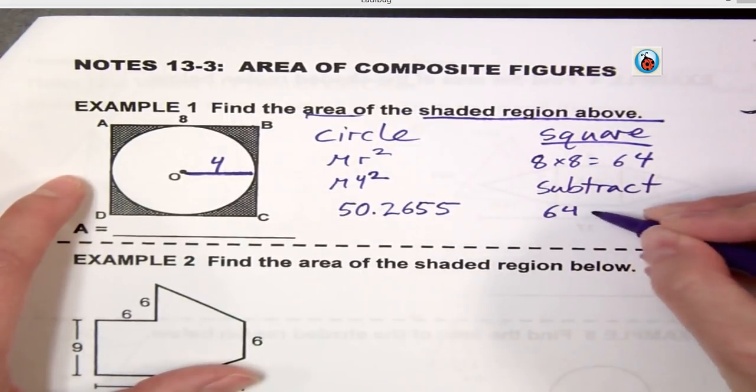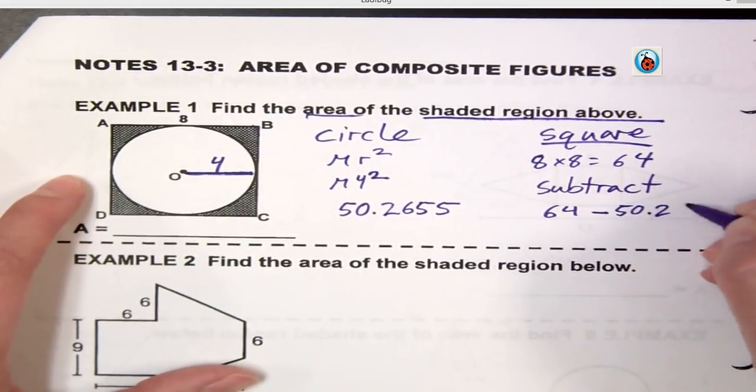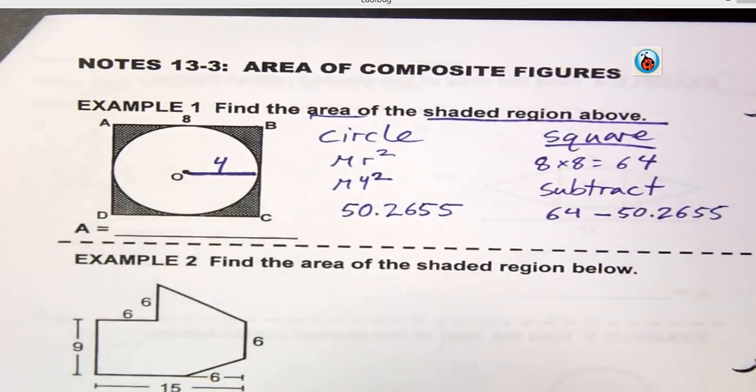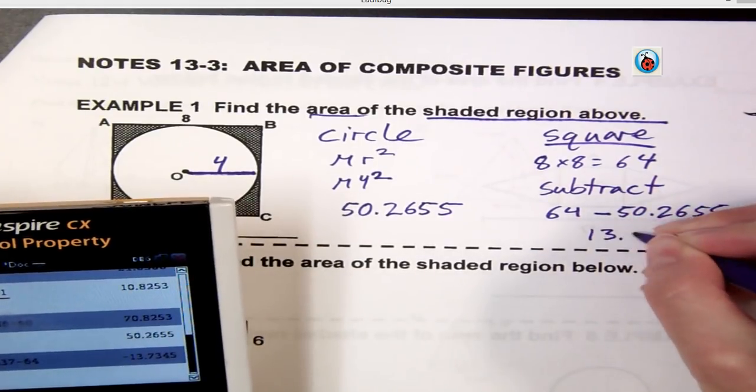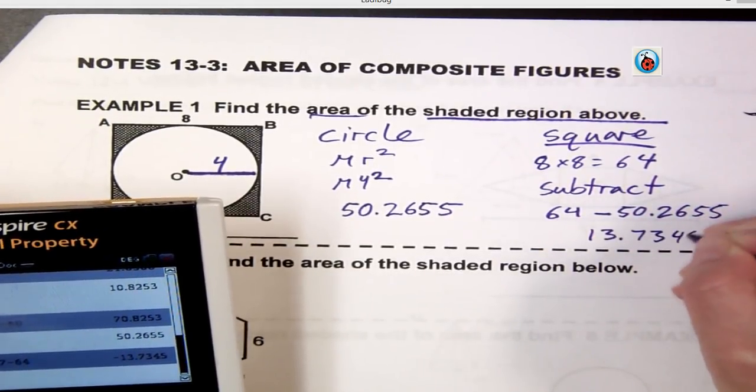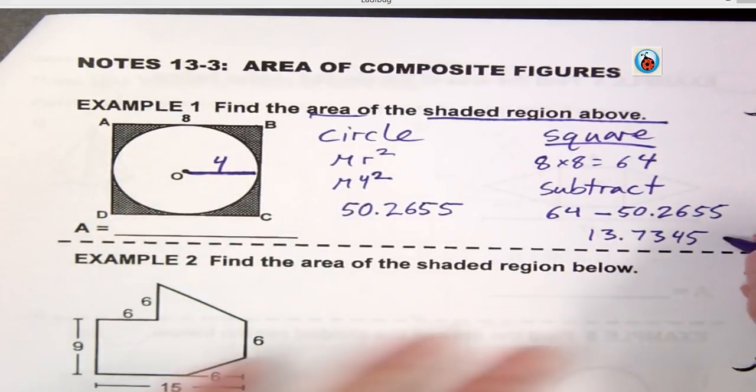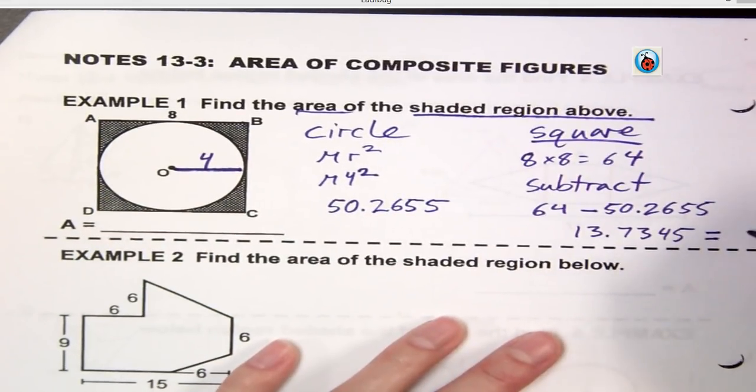So 64 minus 50.2655. I type that into my calculator and get 13.7345, which at this point I'm going to go ahead and round to 2 decimal places. So 13.73 would be my answer.